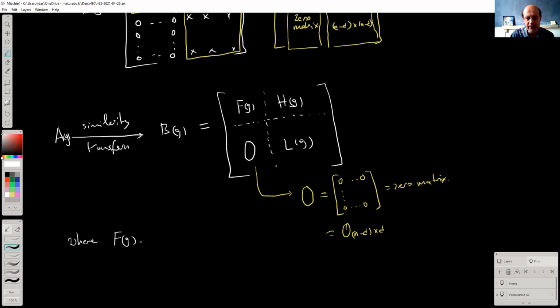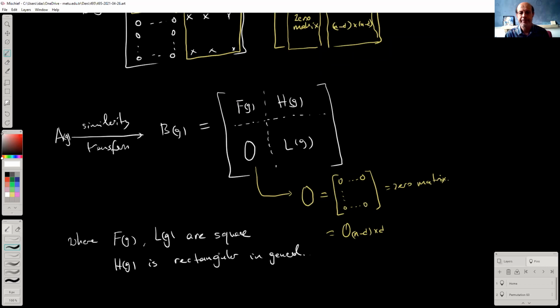Okay, so where f of g and L of g are square matrices, and h of g is rectangular in general. Okay. So why do we do this? Because it simplifies the matrix expressions.